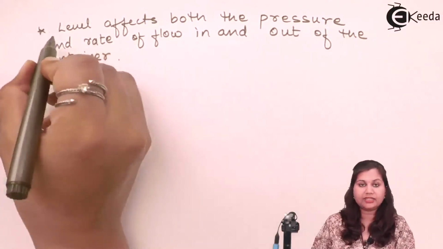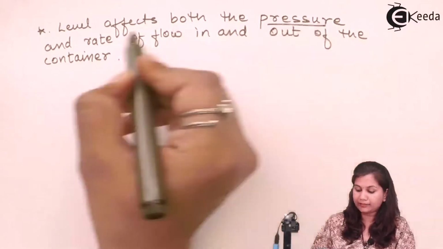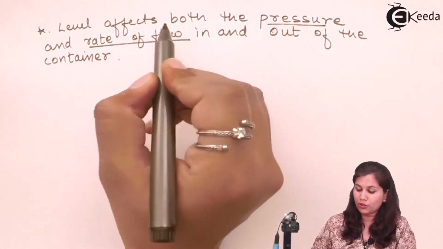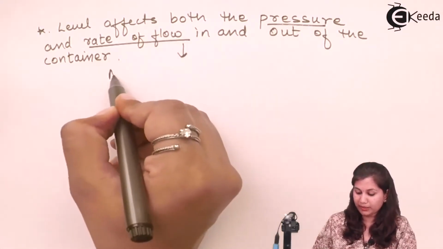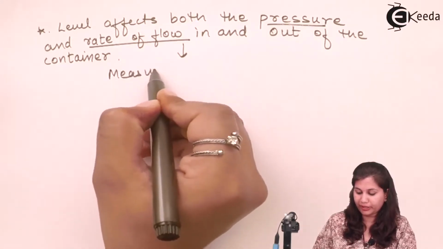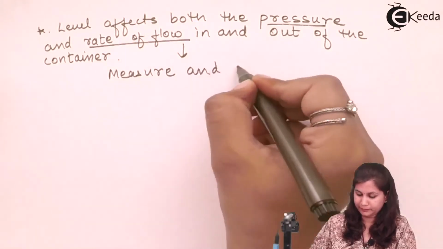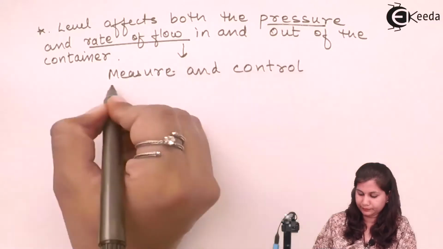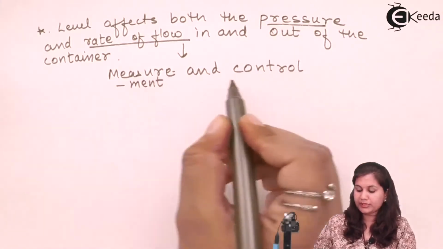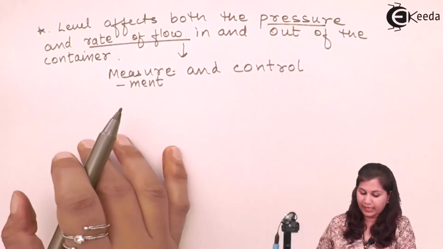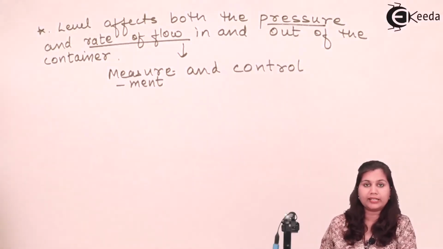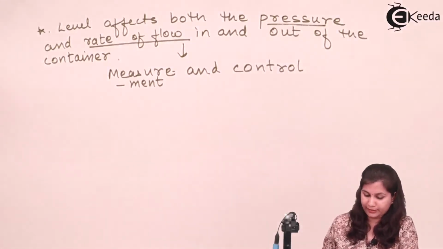As the level affects the pressure and the rate of flow also, its measurement and its control become very important. So measurement and control of level is an important function in any industrial process.